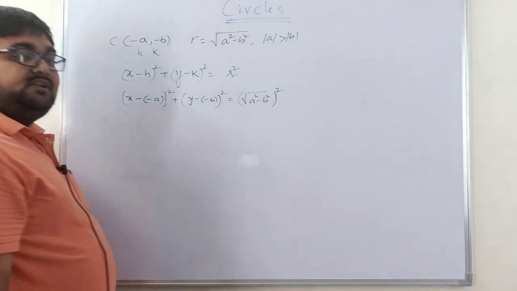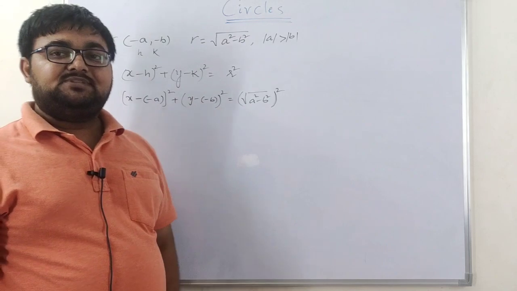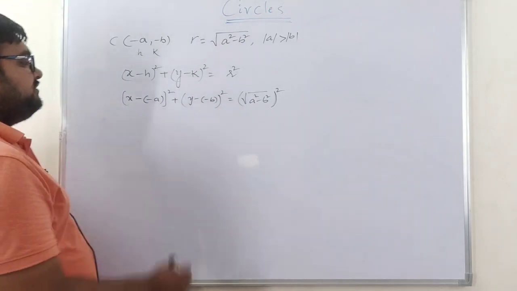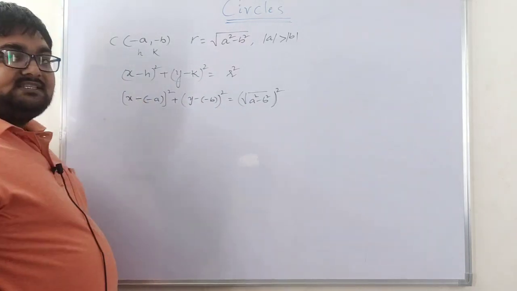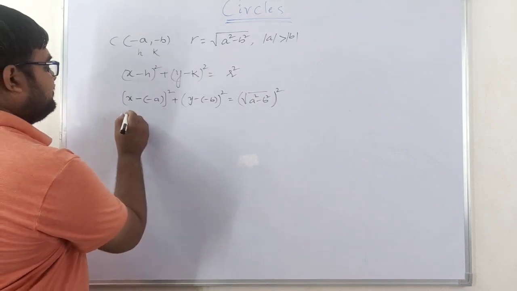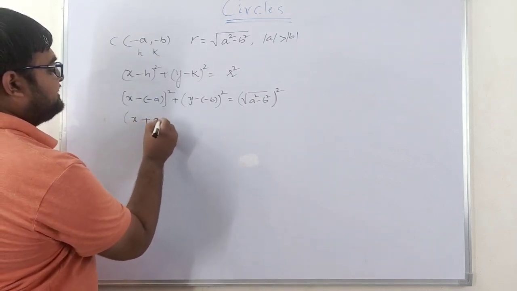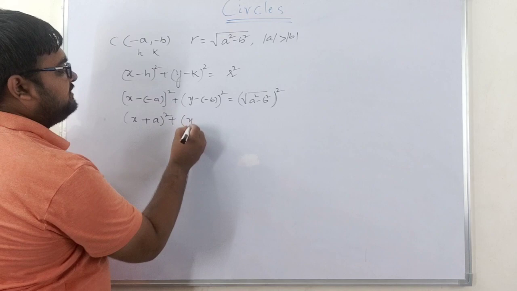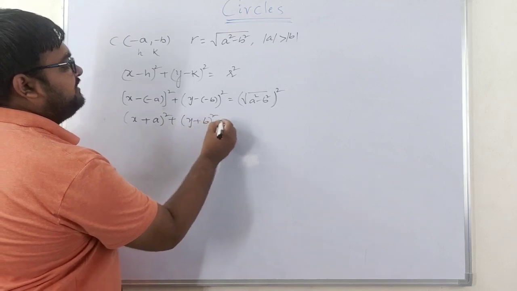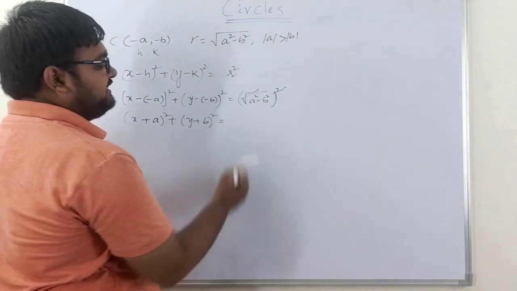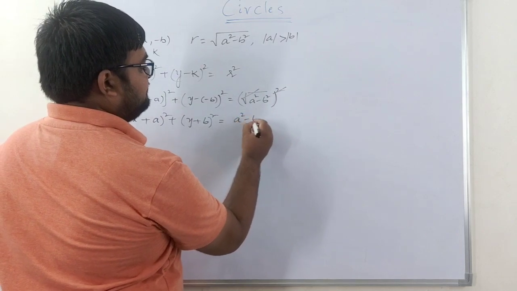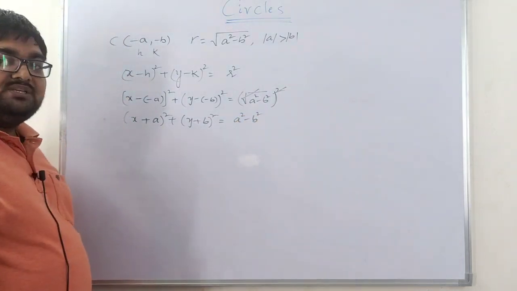So here we are directly substituting the values. Then what we are going to get? Minus of minus a is nothing but plus a, so this changes as x plus a whole square plus y plus b whole square is equal to, here square and root gets cancelled, so this is nothing but a square minus b square.